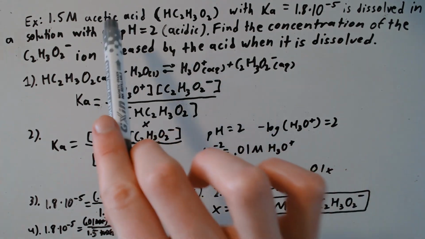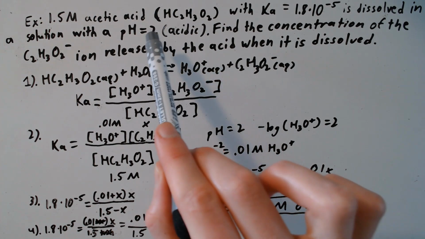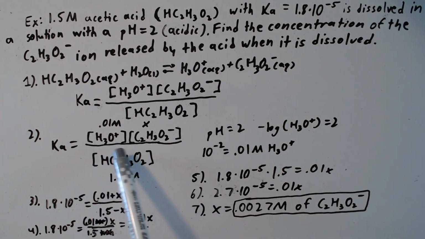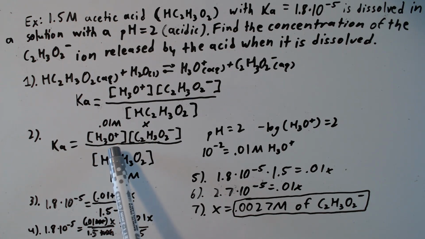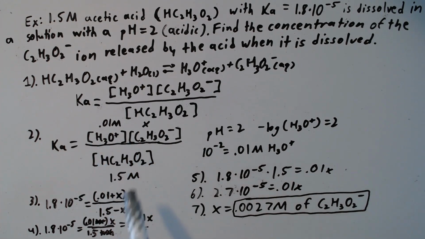Furthermore, we know that if the solution has a pH of 2, that means there are already a lot of these H3O+ ions present initially. So we need to find that concentration of H3O+ measured initially to find out how much additional H3O+ this acid adds when it dissociates.